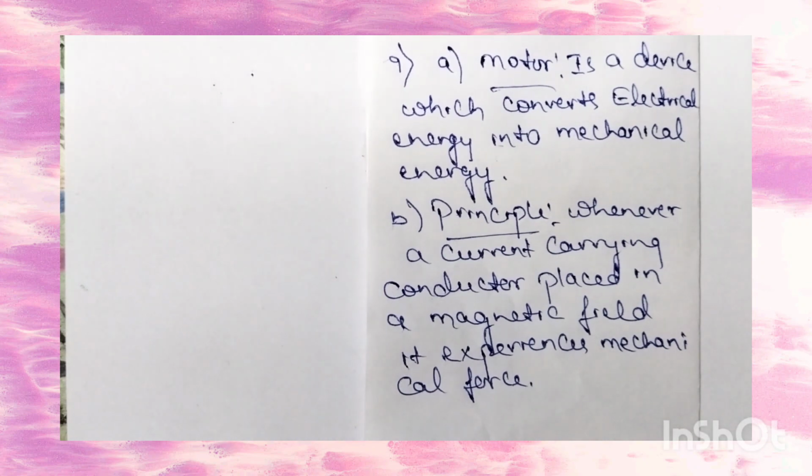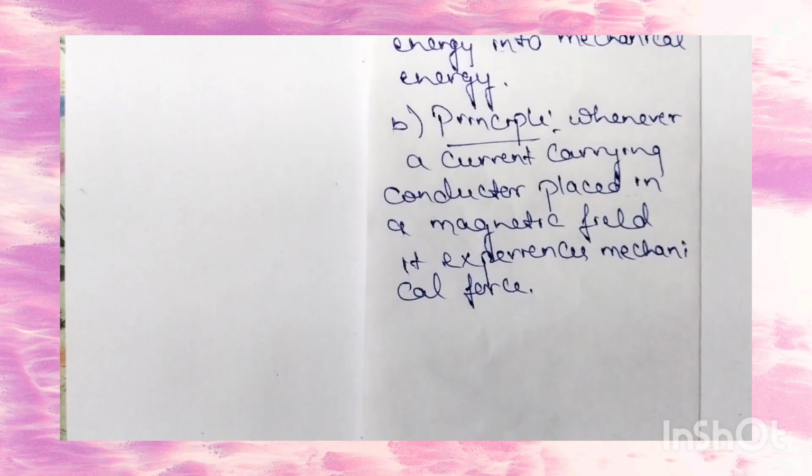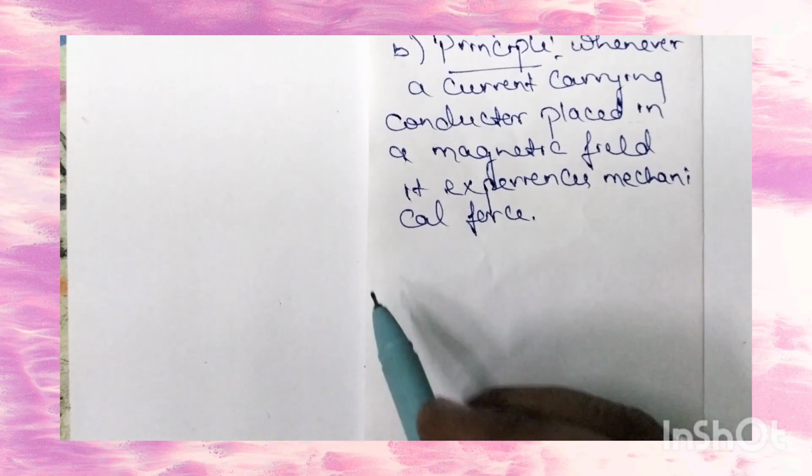So this is the principle of a motor. Whenever a current carrying conductor is placed in a magnetic field, it experiences mechanical force. So this is the principle of a motor.